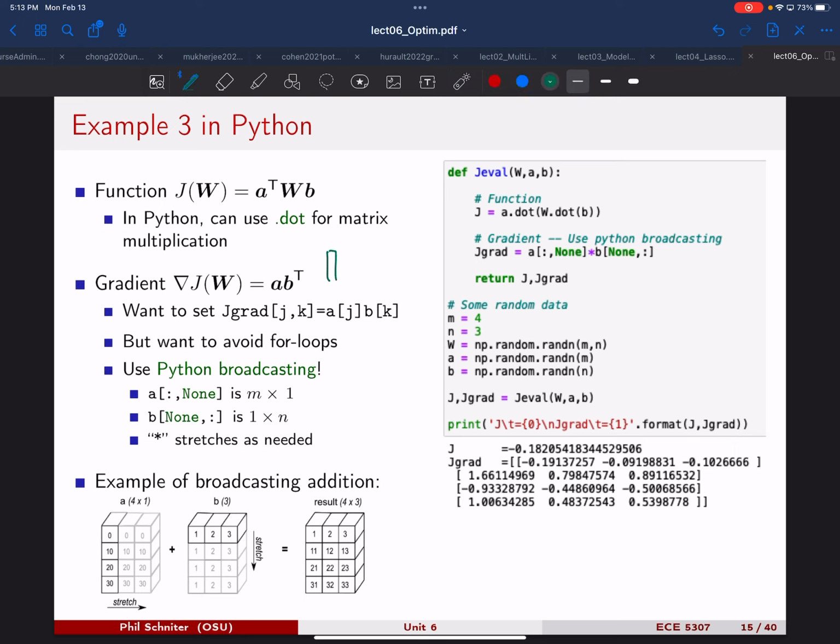So what we want to do is take this times this. But in Python, if you just give it these two vectors, it doesn't really know that you want to do this. So there's this cool thing where you can essentially expand this vector A into a matrix by doing this colon, comma, None.